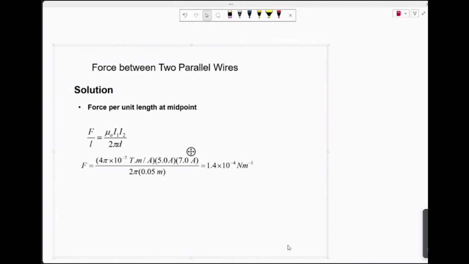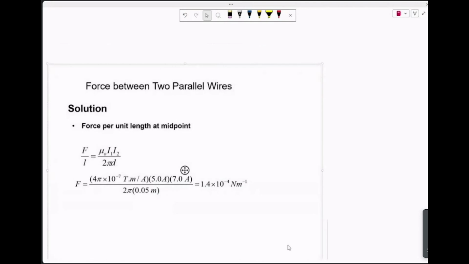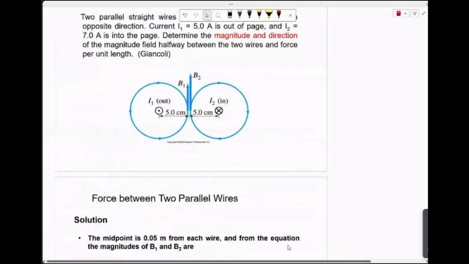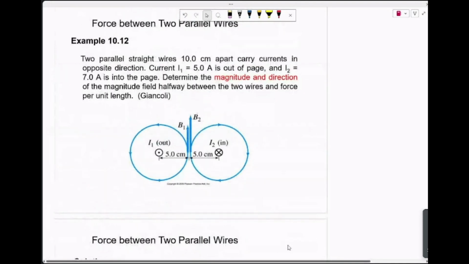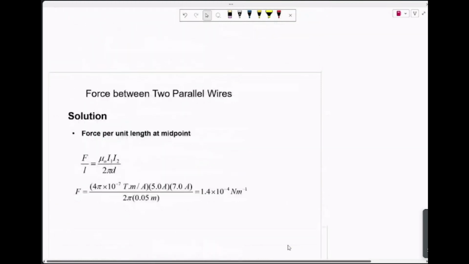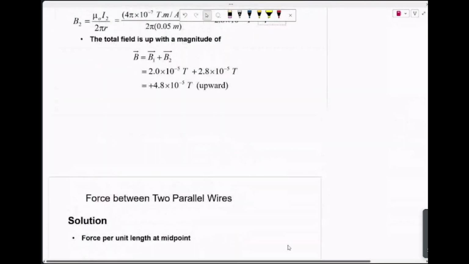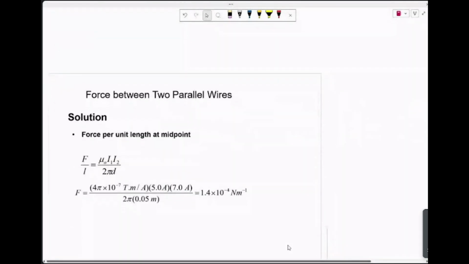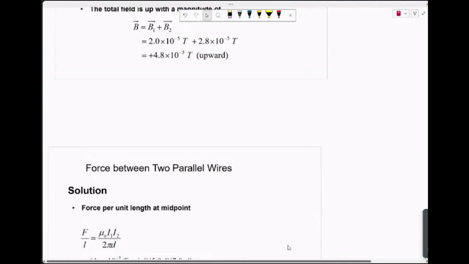Force per unit length at the midpoint. I don't quite understand. Maybe the question asks for the magnetic direction halfway between the two wires and the force per unit length. Let me double check the solution so I can fix either one.